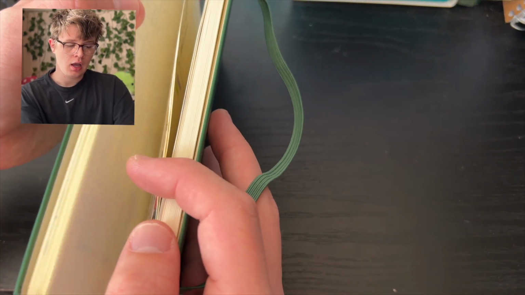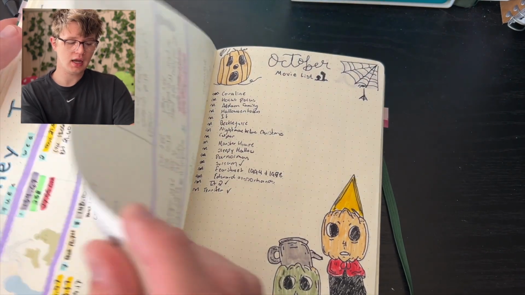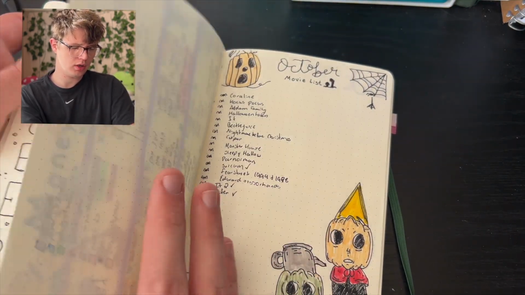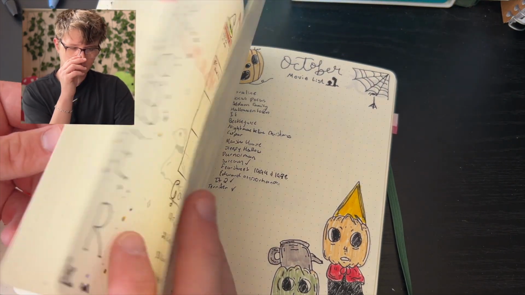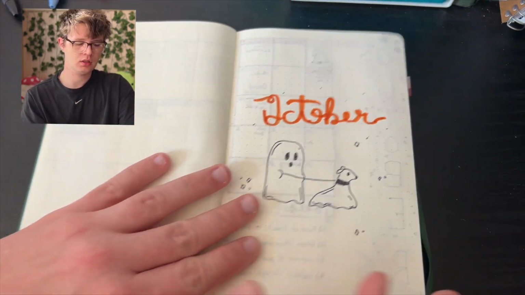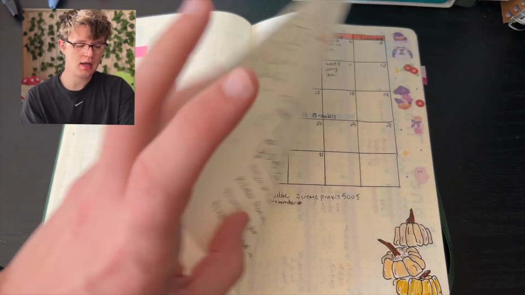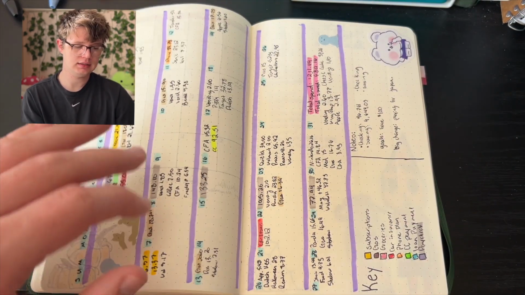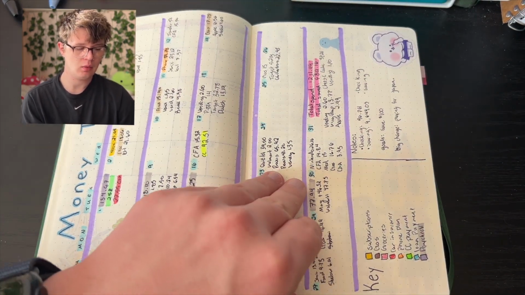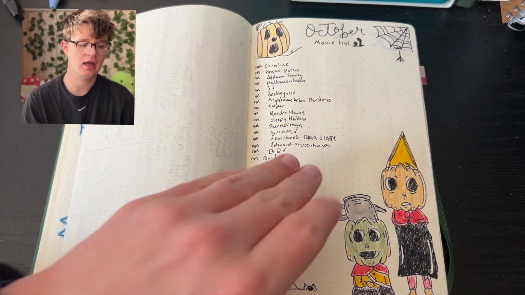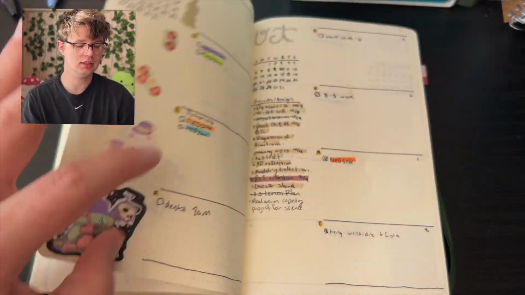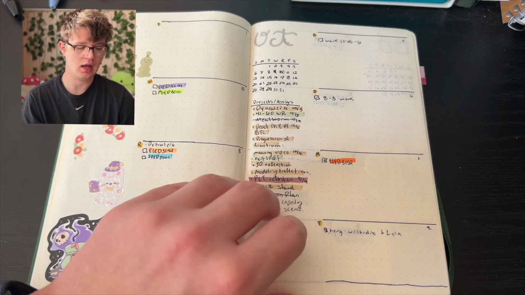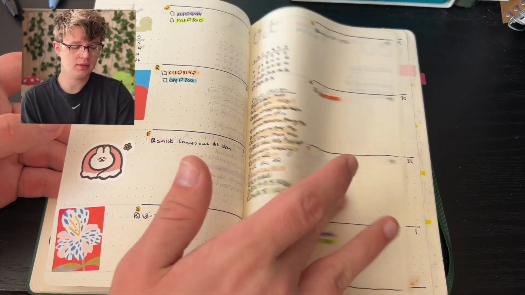But let's get started. Just to recap, October and November, I did very minimum spreads, nothing too crazy. I really like that money tracker I did, and I love this weekly layout. I may change it next year just to keep me on my toes. And then here is my November.